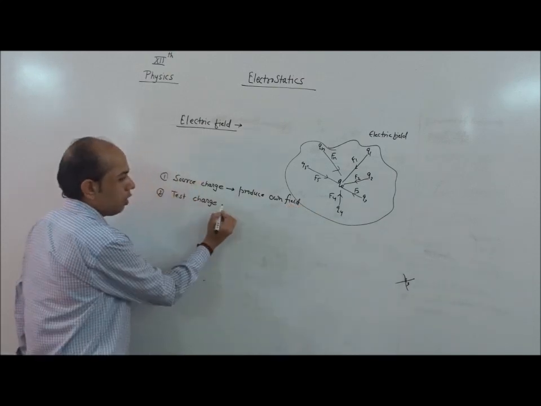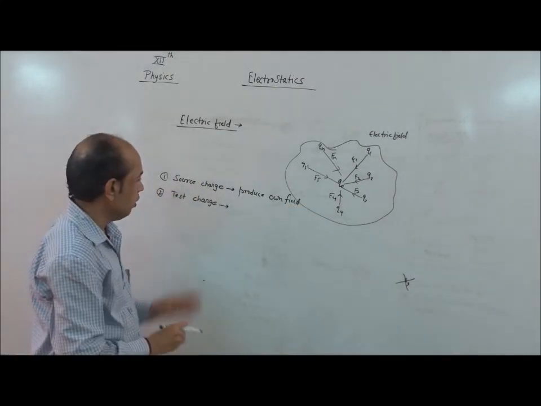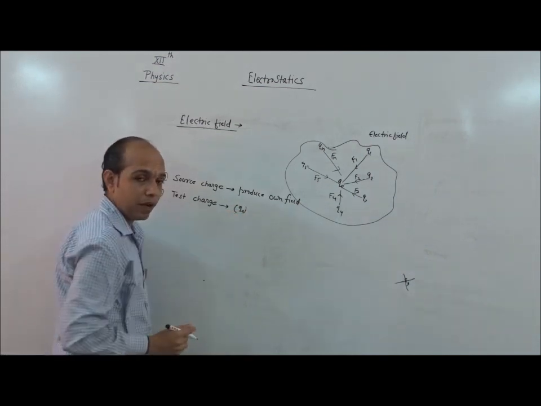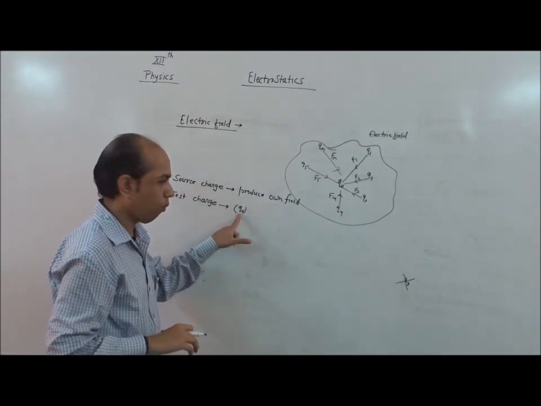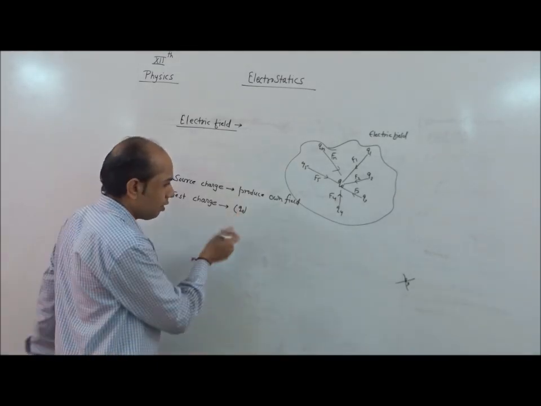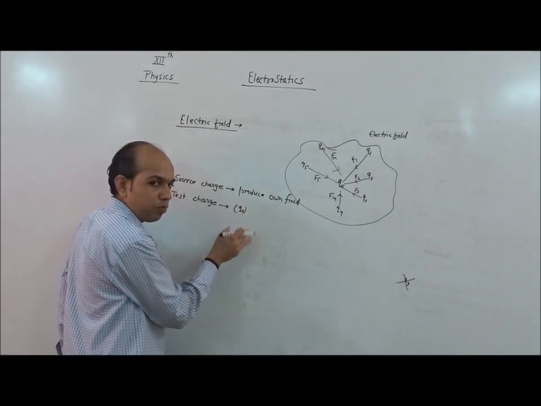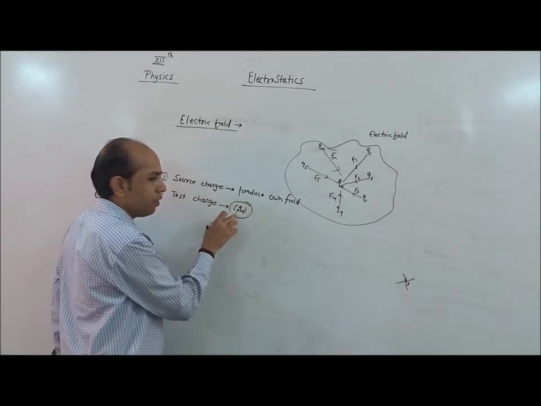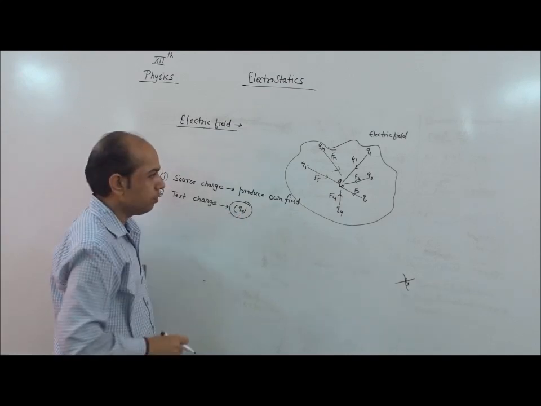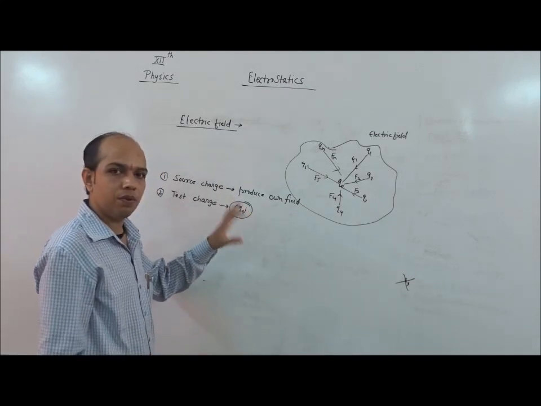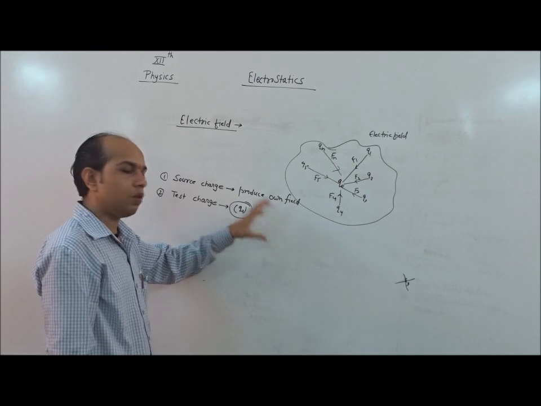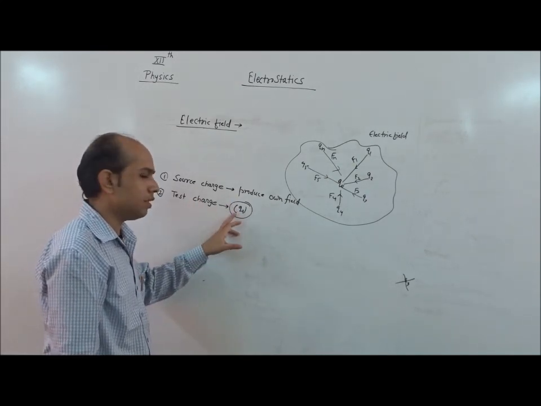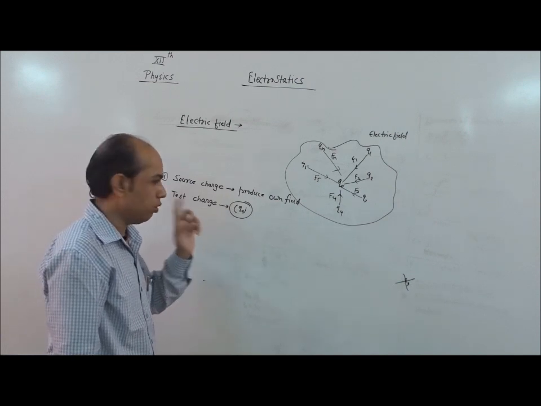Now the test charge. The test charge is represented by Q naught. Its magnitude is quite small. The experiment is to be done on this charge. That is why it is called the test charge, because whenever we calculate the force, the force is calculated with respect to Q naught, and its magnitude is quite low.